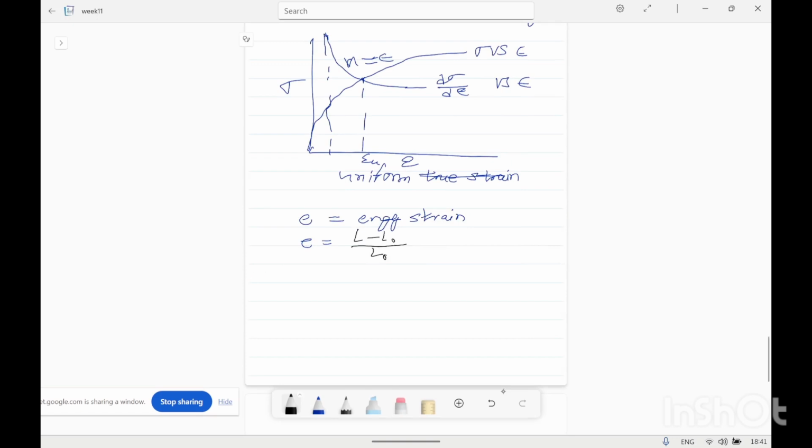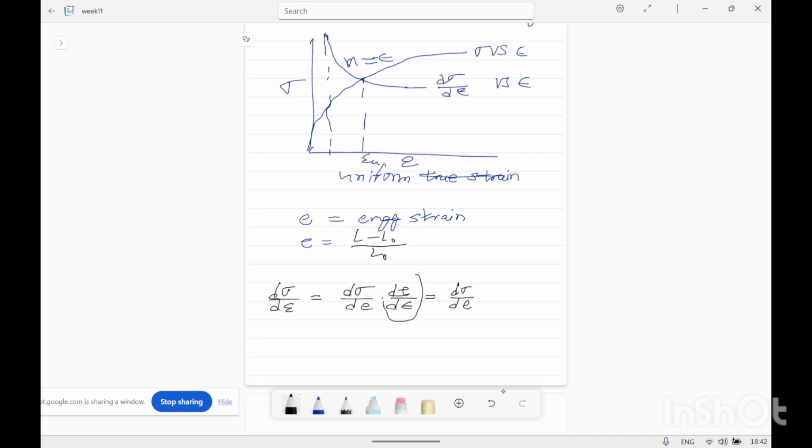So if we write the equation of d sigma by d epsilon equals d sigma by de into de by d epsilon, that is equal to d sigma by dE.